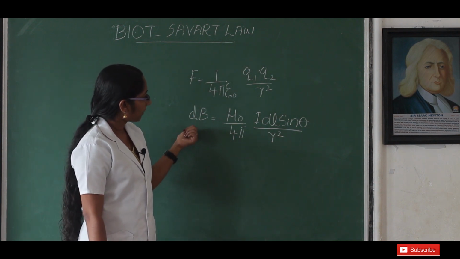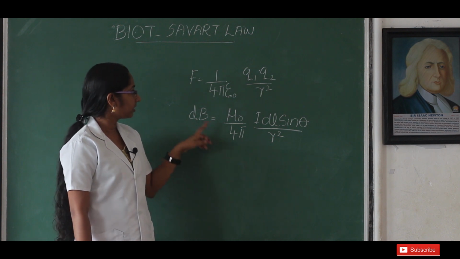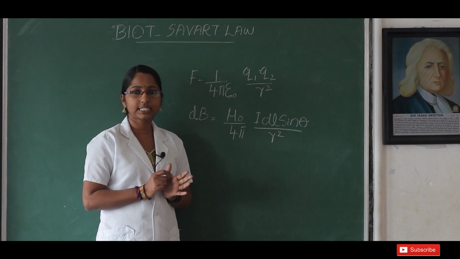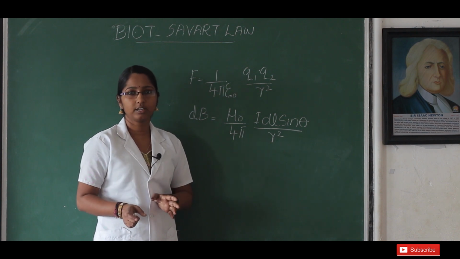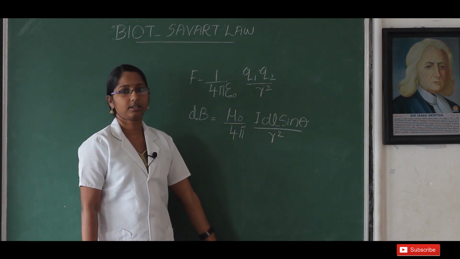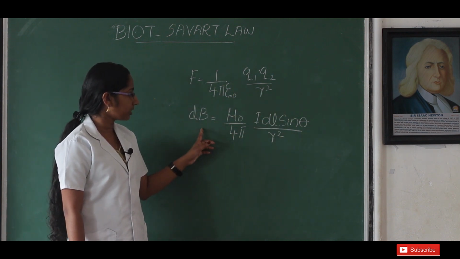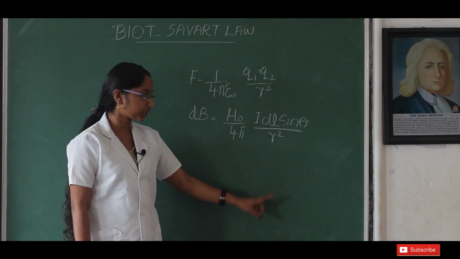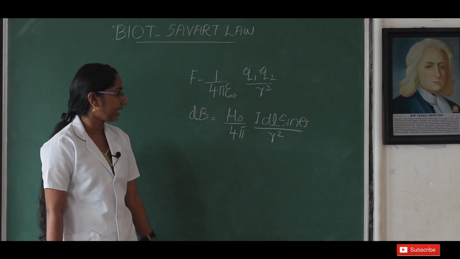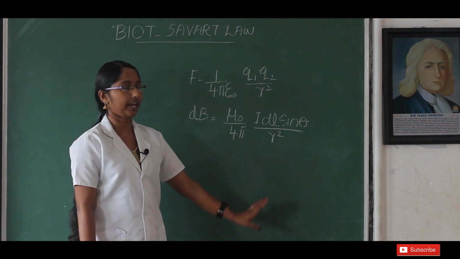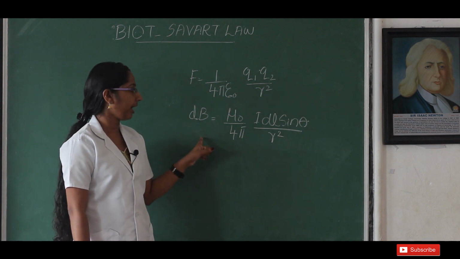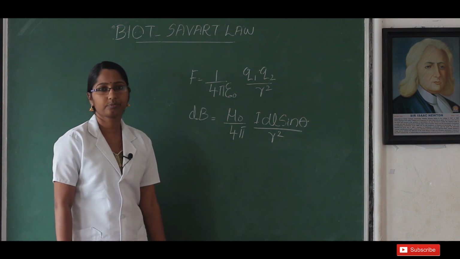And the next thing is that in Coulomb's law, the direction of this force is along the line joining the two charges. But in case of our Biot-Savart law, the direction of magnetic field is perpendicular to the plane containing our dl and r. These are the differences between Coulomb's law and Biot-Savart law.